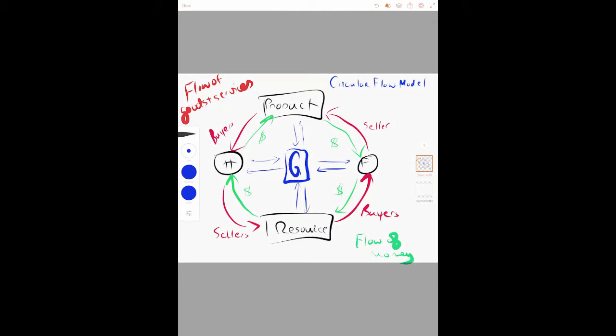So we like to just keep it relatively simple. We'll take government back out of this, and leave it in our nice, simple, double circular flow model.